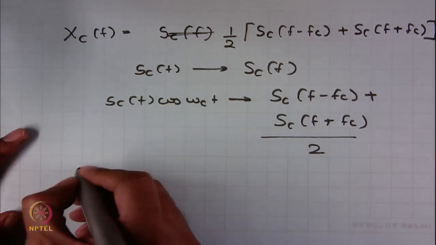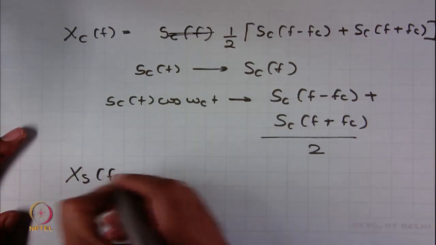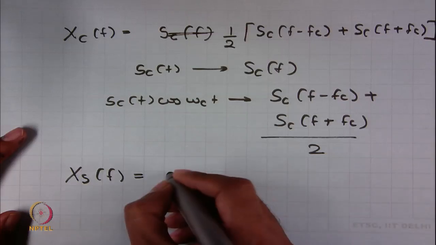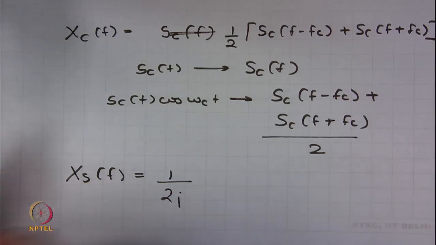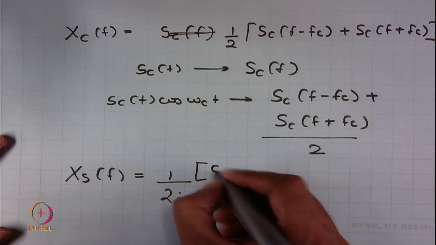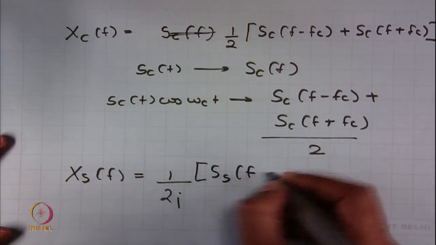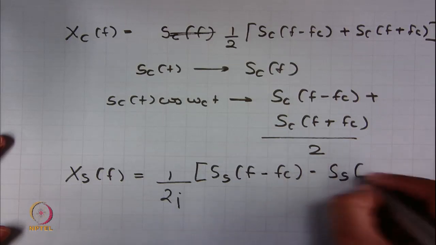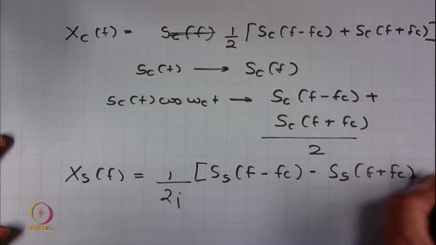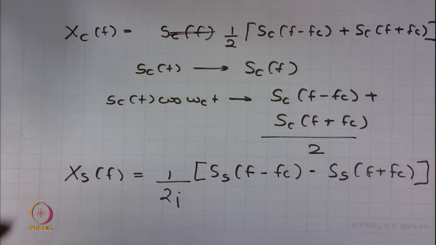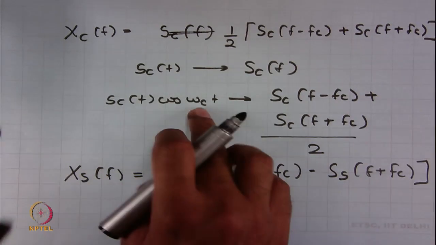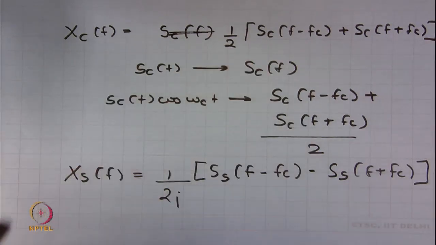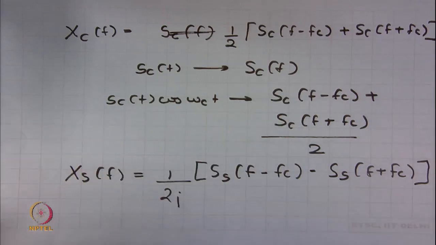Similarly, we can say that XS(f) is 1 by 2j of [SS(f minus fc) minus SS(f plus fc)], because instead of cos(omega_c t) it has sin(omega_c t), right. So, based on this we can get XS(f) as this.